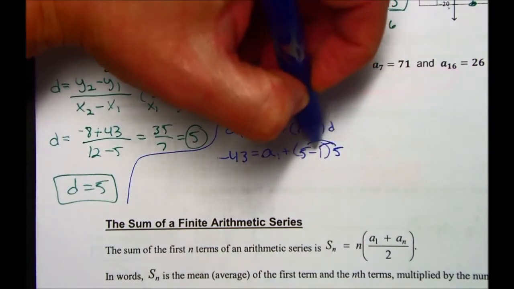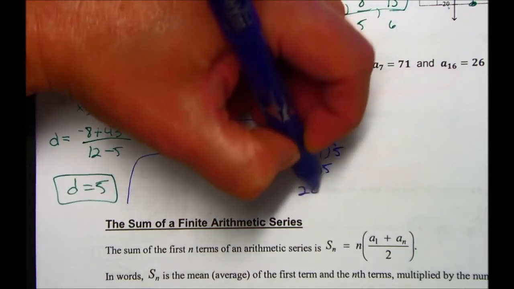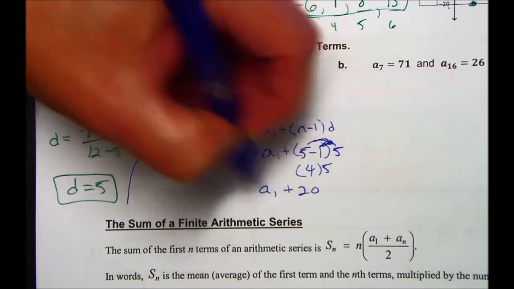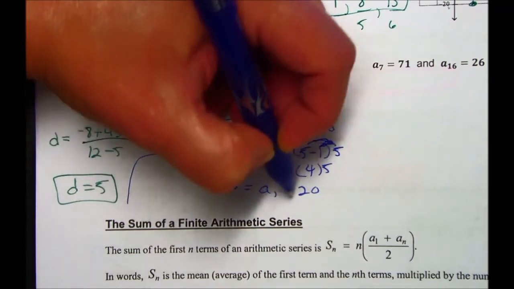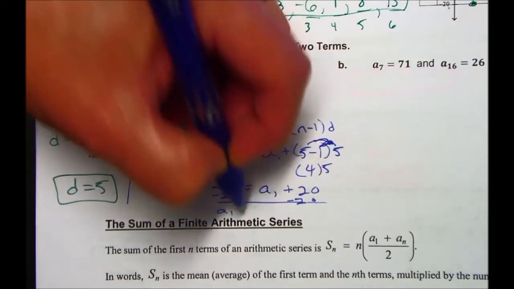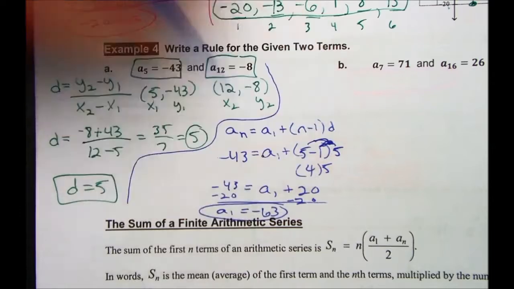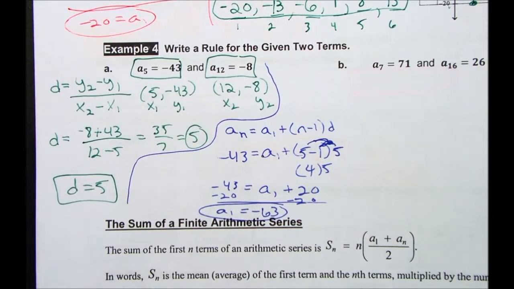We don't have to distribute because we can just subtract. 4 times 5 is 20, plus our a sub 1 equals negative 43. Subtract 20, and we get a sub 1 equals negative 63. So now I can finally write my rule.